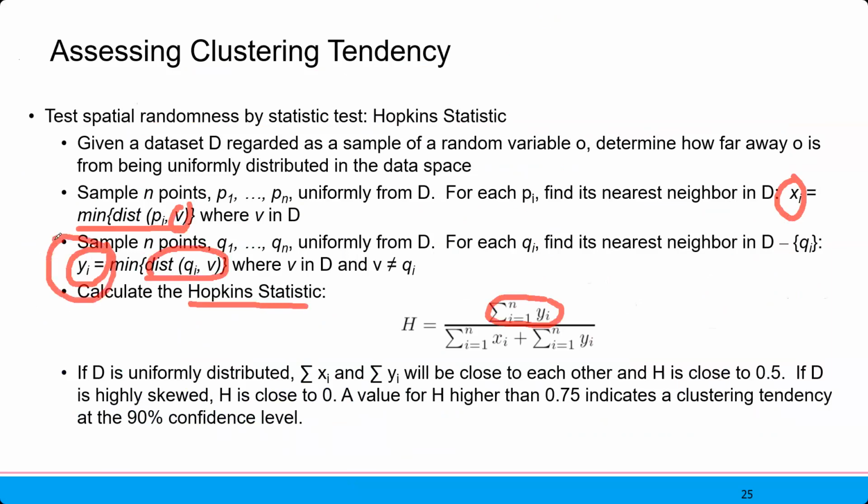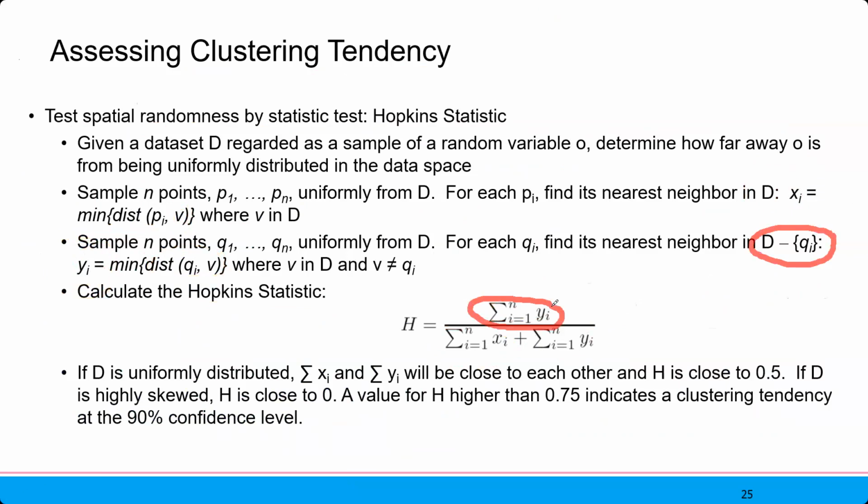This is Y. So the total of Y divided by the total of X plus the total of Y. I would like to know the proportion of the data that is not in Q. So if we take D minus Qij, it means the points where every data point, not in Qij, has the minimum distance to any vertex or any data point.